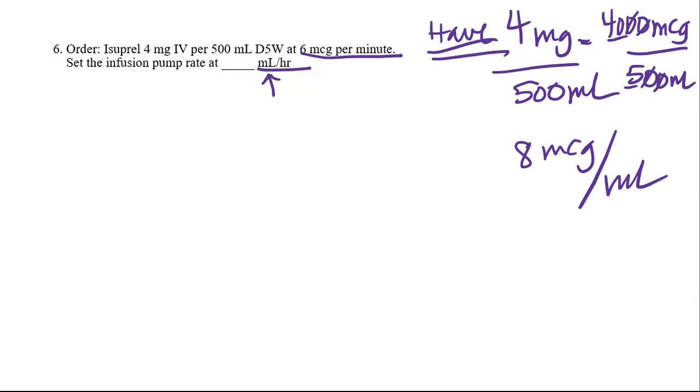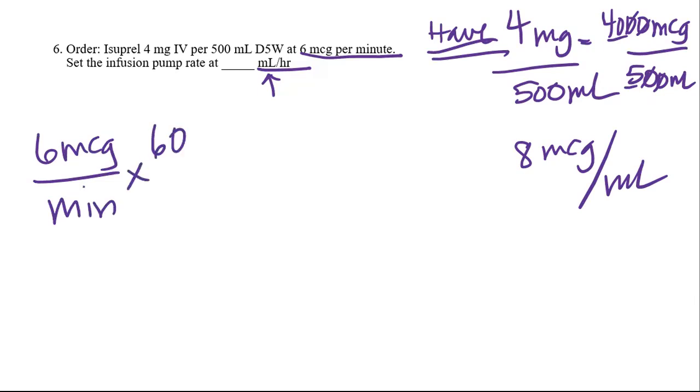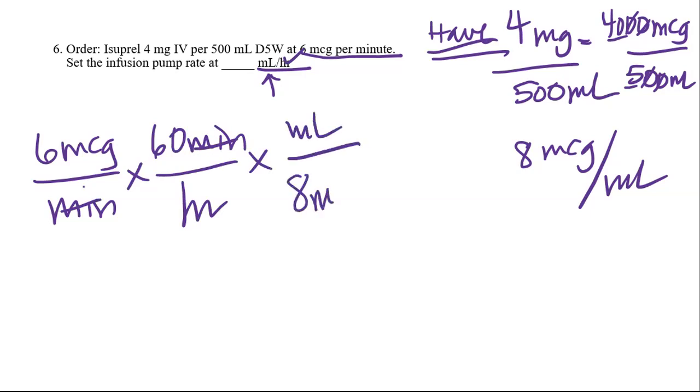So let's look at your rate. 6 micrograms per minute, and you want milliliters per hour. So let's go ahead and go 60 minutes per hour. Cross out the minutes, we've got hours. And now we need milliliters. What we have over here is 8 micrograms per ml. So we're going to go ml divided by 8 micrograms.